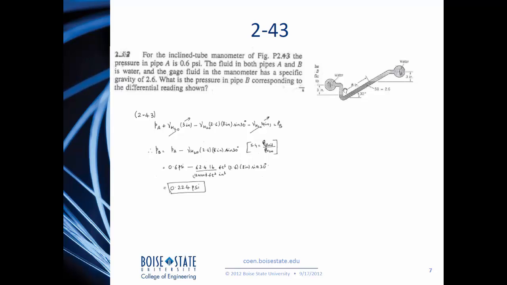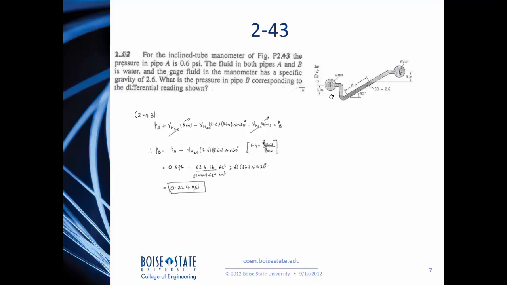So again, in these problems, you start off with a certain location in your system and then go along until you get to the end of the structure. So in this case, let's start with PA, which is the pressure in this container. Then I move along the tube and come down to a location where the height of the water is 3 inches. So you can see here, plus gamma water times 3 inches.